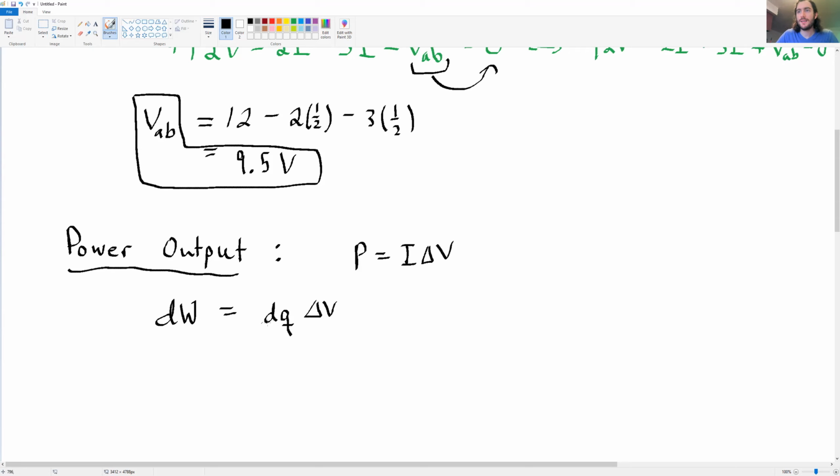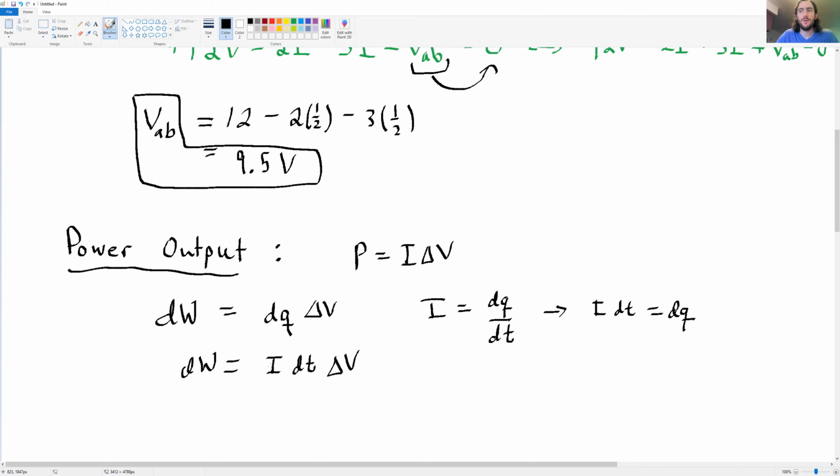If I have a current I equals dq by dt, it's the amount of charge which passes through a cross section of a wire, for example, in an amount of time dt. So I can rearrange this equation as I dt is equal to dq. And so I can substitute that in for dq. So I dt times delta v.